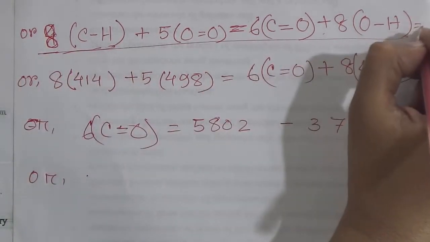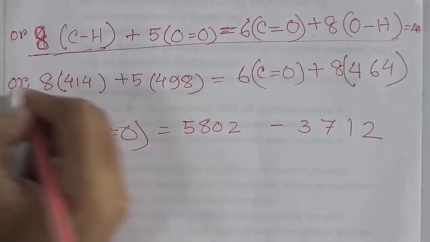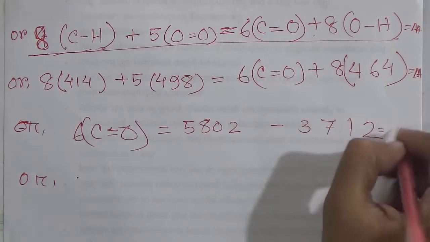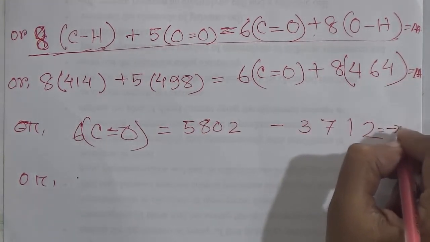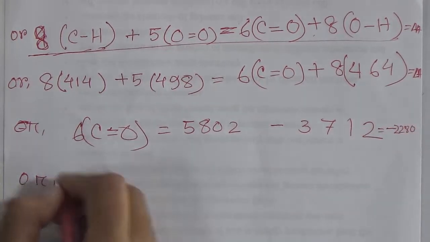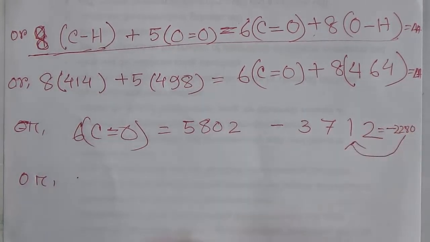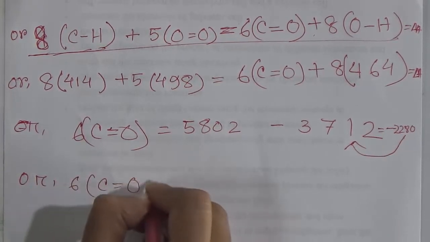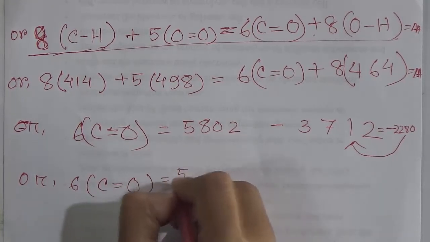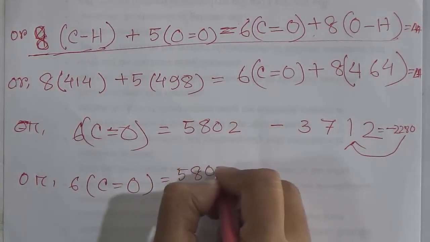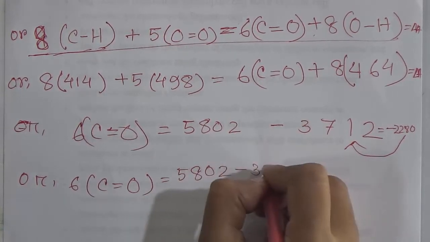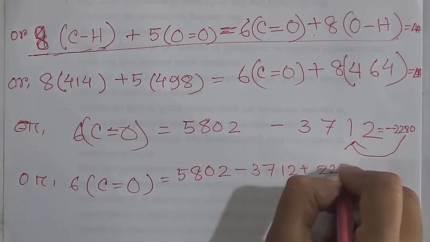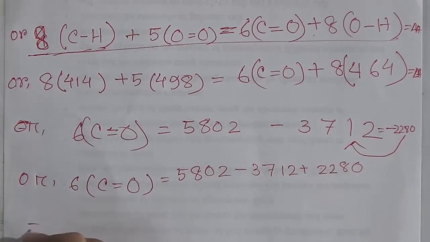But in your question they have given the del H value, so we know this portion is equal to del H, so we can write here minus 2280, and if we take this portion here that will be positive. 6 carbon-oxygen is equal to 5802 minus 3712 plus 2280.